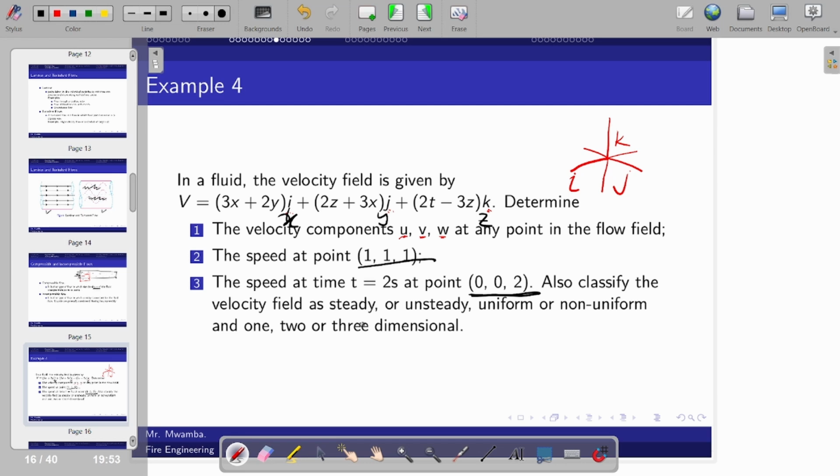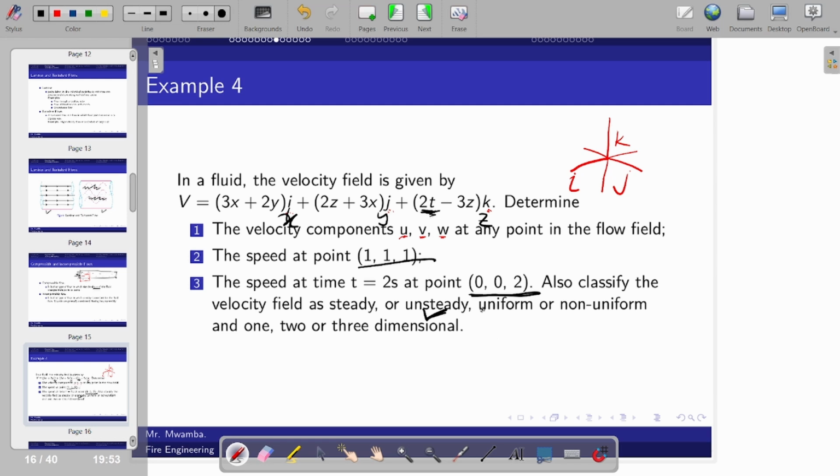If the answer is yes, then it is unsteady. If the answer is no, then it is steady. But the fact that there is time involved in this equation means the flow is unsteady, because there's time involved.